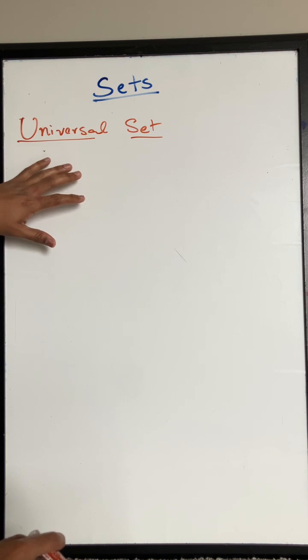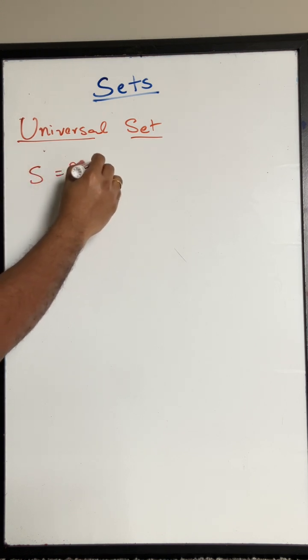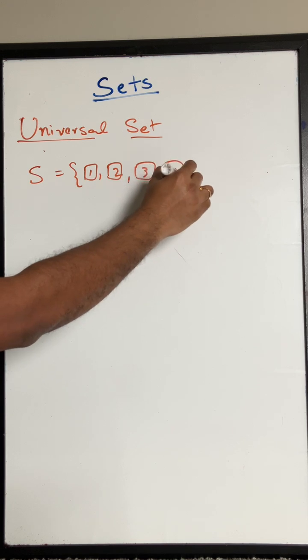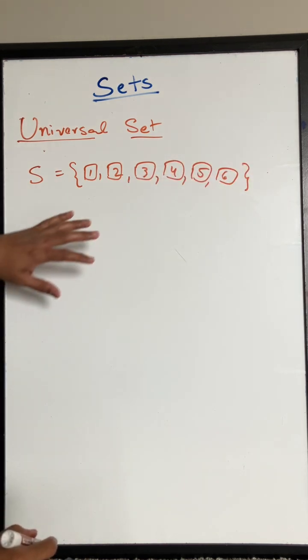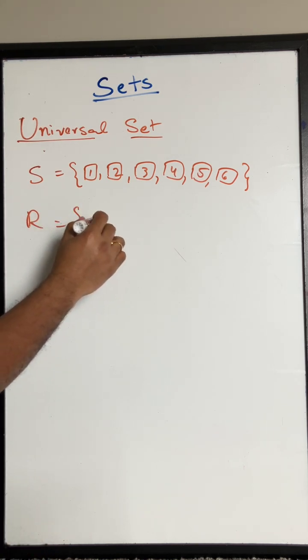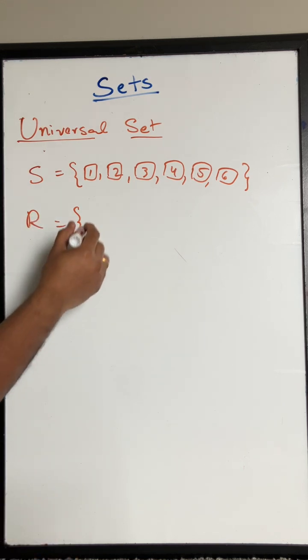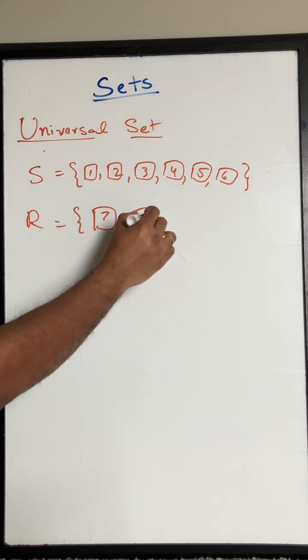This is my stamp set, which I'll denote with S. I have 1, 2, 3, 4, 5, and 6. My friend Rajesh, also starting with R, got only 7 and 8 stamps.